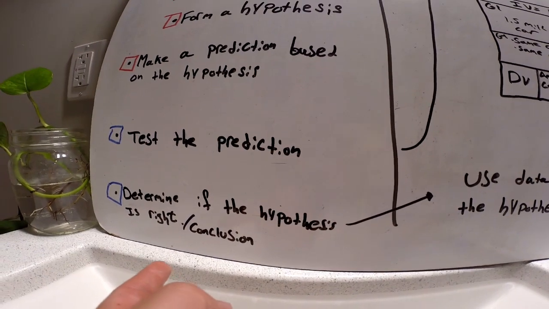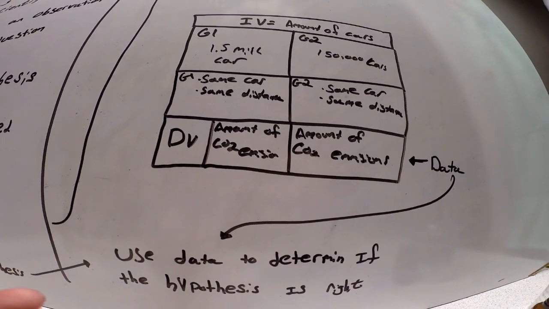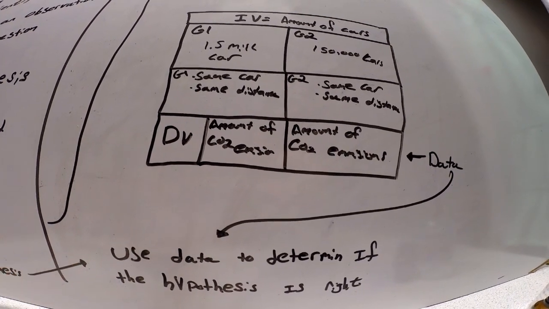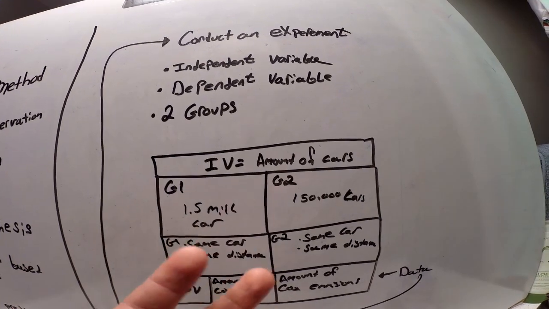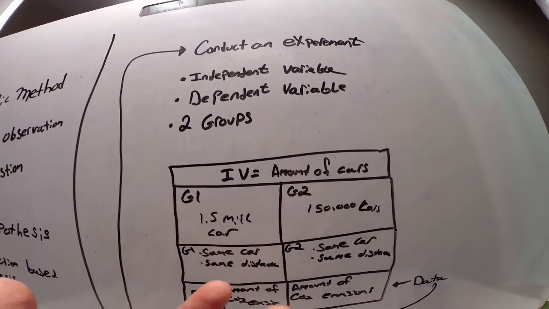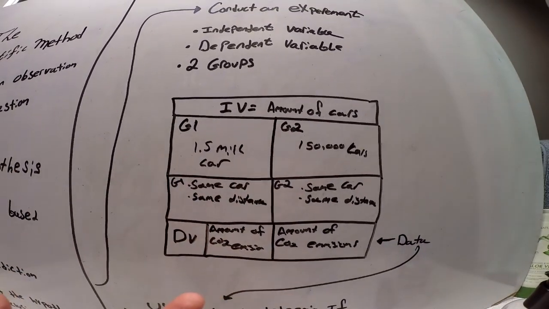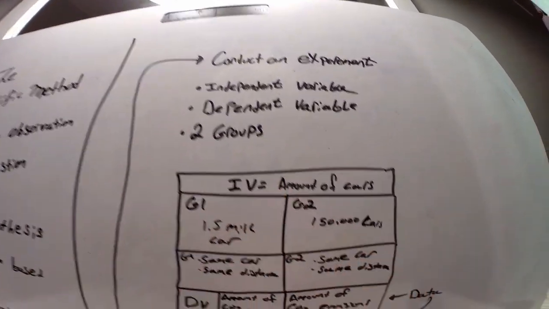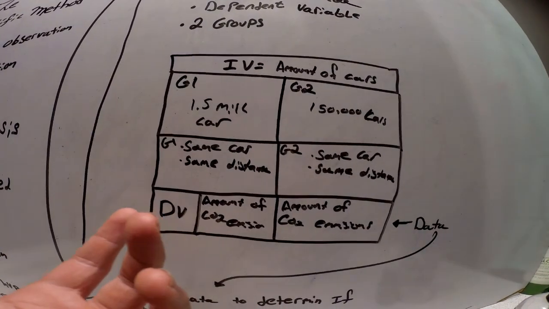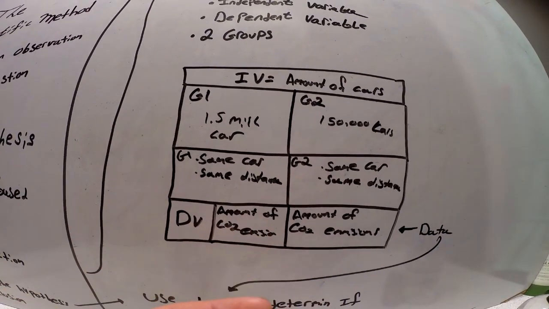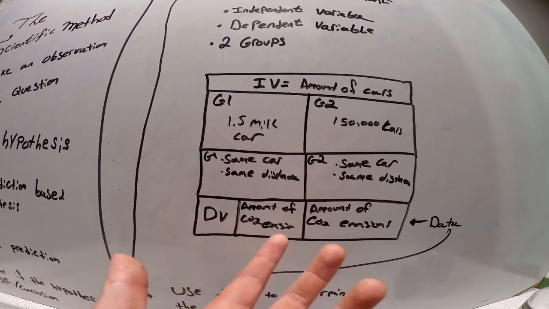The conclusion part is going to be based off of your dependent variable, to see if your hypothesis is right. For this experiment, I would say my hypothesis was that the amount of cars affects the amount of CO2 emissions. Once we conduct an experiment with these 3 bullet points, at the end we have our dependent variable, the thing that's recorded, our data, the amount of CO2.